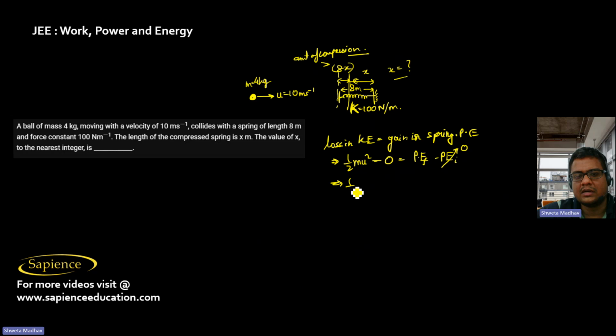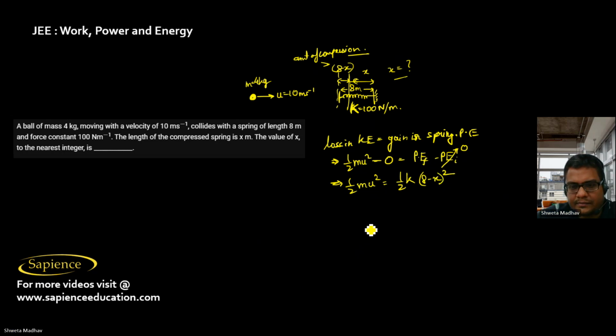So half m u square is equal to half k x square, where the compression here is 8 minus x. So I will write 8 minus x whole square. Half and half will get cancelled. So m is 4 and u is 10, so 10 square by k, which is 100, is equal to 8 minus x whole square.